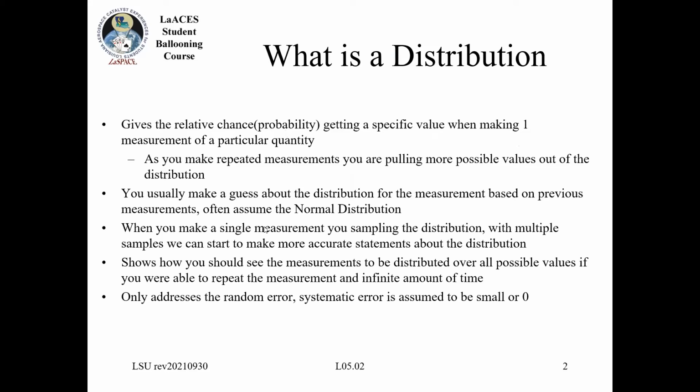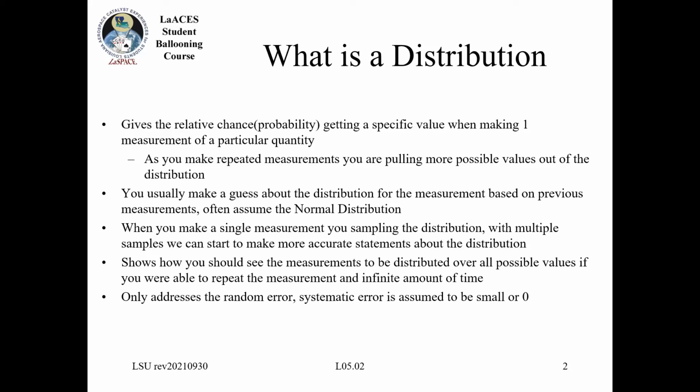You've probably heard of several types. You've heard of a Gaussian, you've seen a bell curve, and that's a distribution, right? It just gives you the relative chance or the probability of getting a specific value when I take one measurement of a quantity. That's what it means in this context.